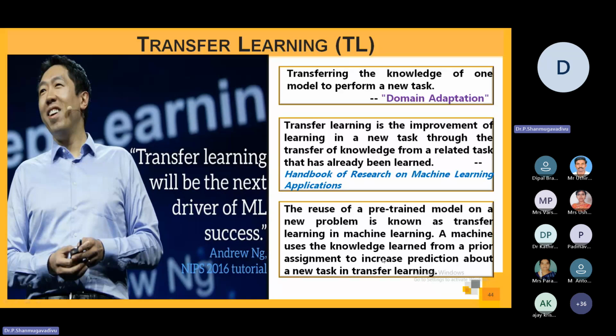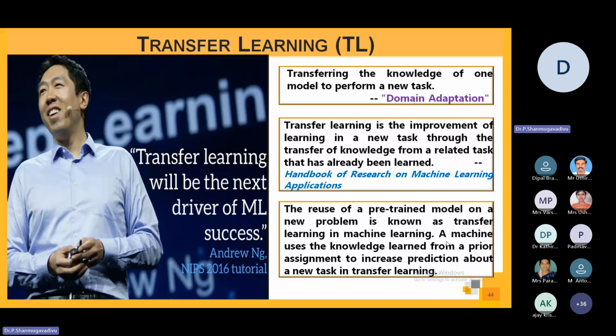Transfer learning is the improvement of learning in a new task through a transfer of knowledge of related tasks that has already been learned, right? So on the model it has learned, then we try to apply the result. The reuse of a pre-trained model on a new problem is known as transfer learning in machine learning, right?